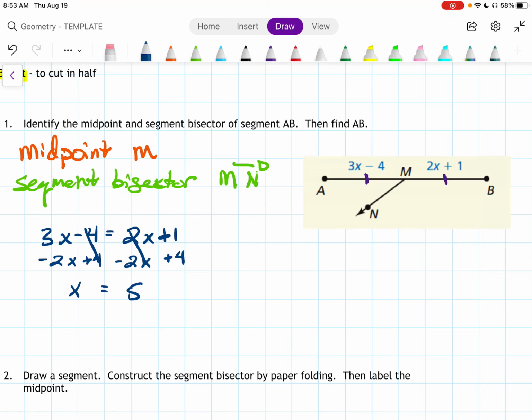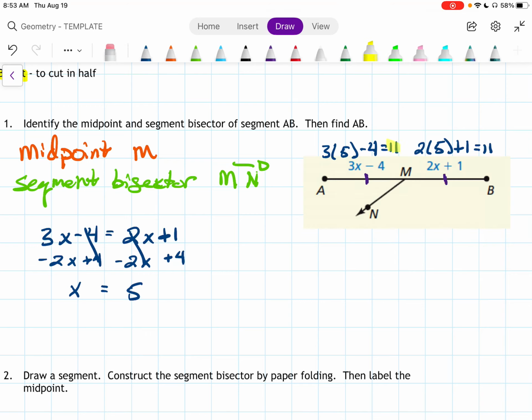Now I'm going to plug my x in to get my actual length. So I'll say 3 times 5 minus 4. What's that going to give me? 3 times 5 is 15, minus 4 is going to be 11. And I'll do that to the other side as well. So 2 times 5 plus 1. Well, 2 times 5 is 10, plus 1 is 11.